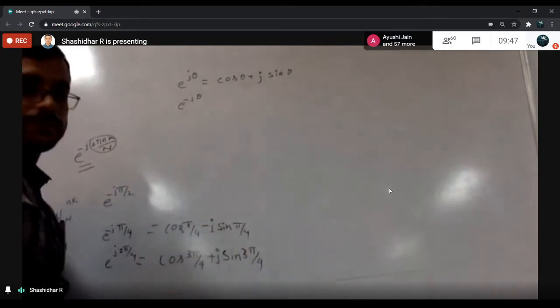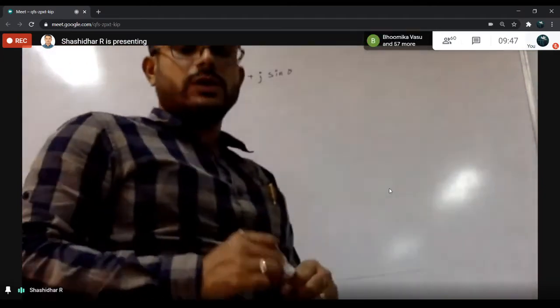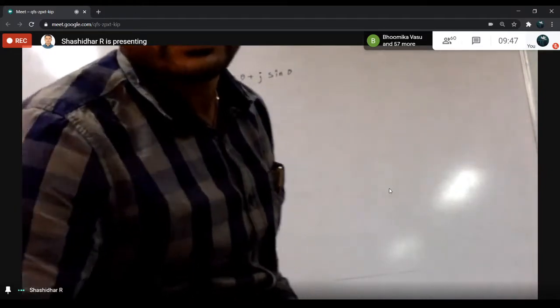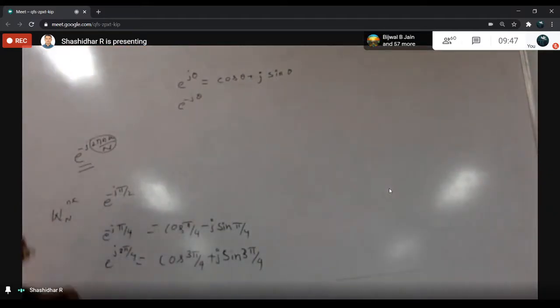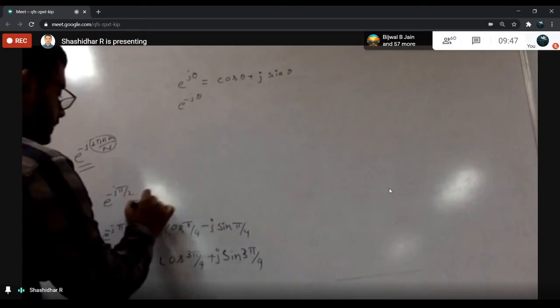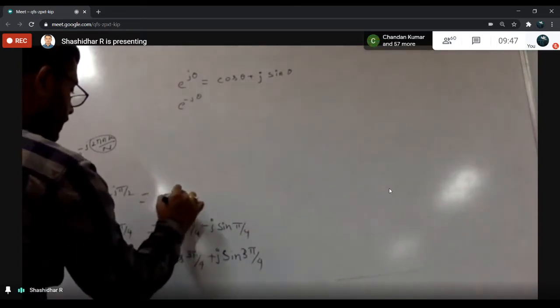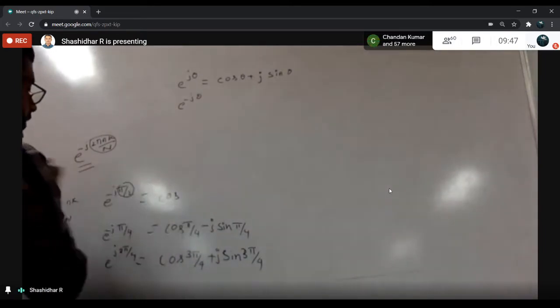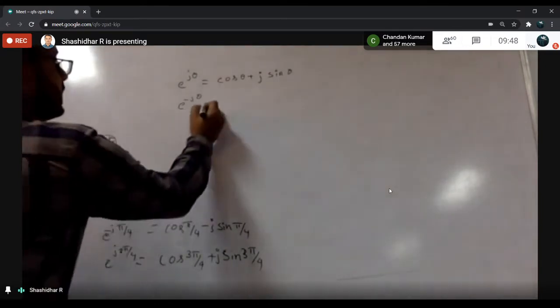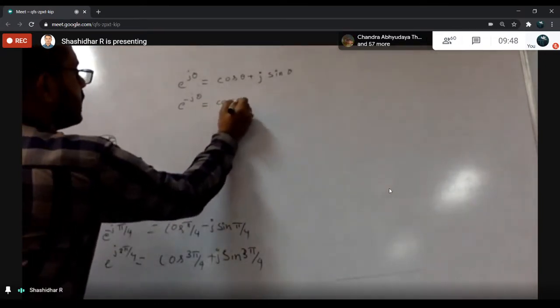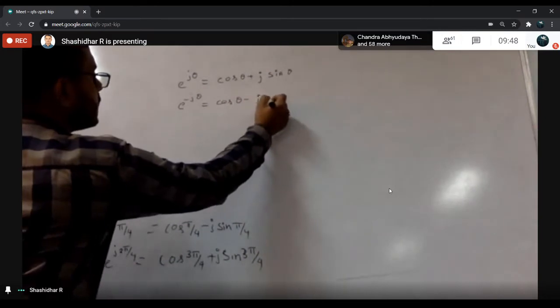I think you people know Euler's relation. This is based on the Euler relations. Here, theta is the value. These are the basic equations: cos theta minus j sin theta.